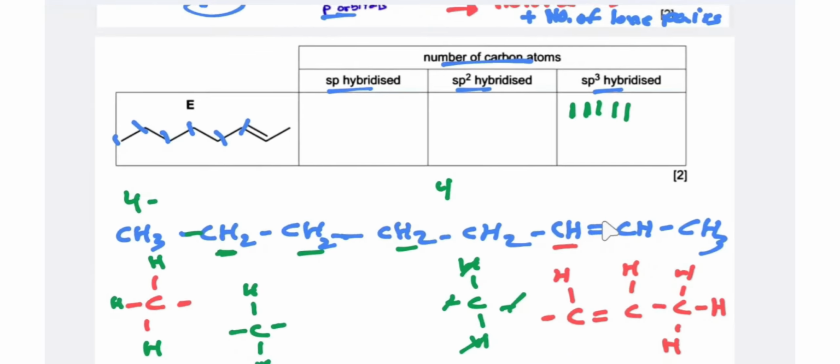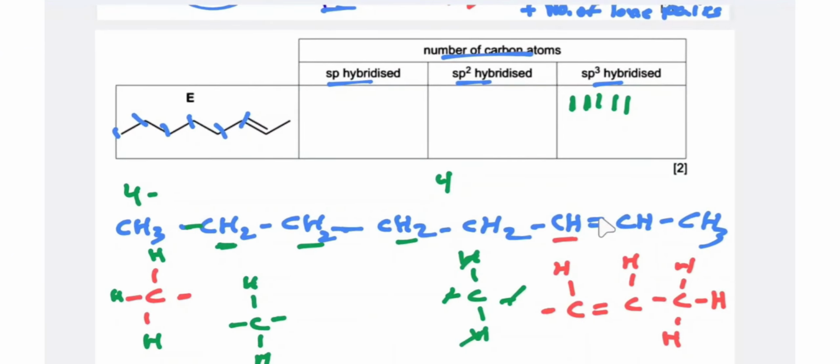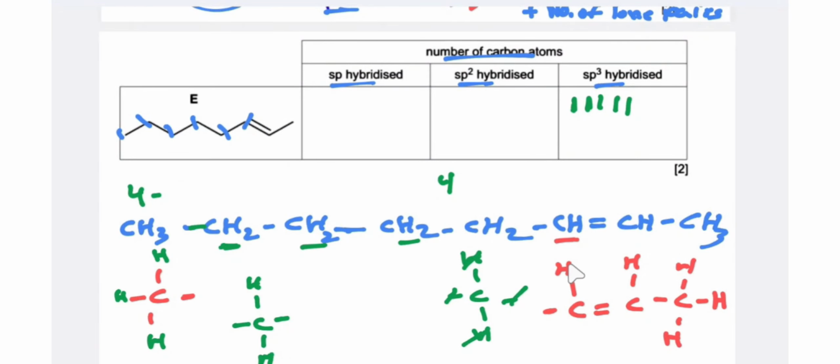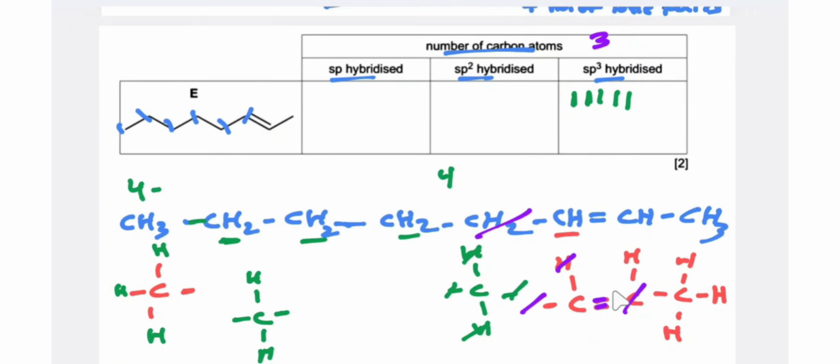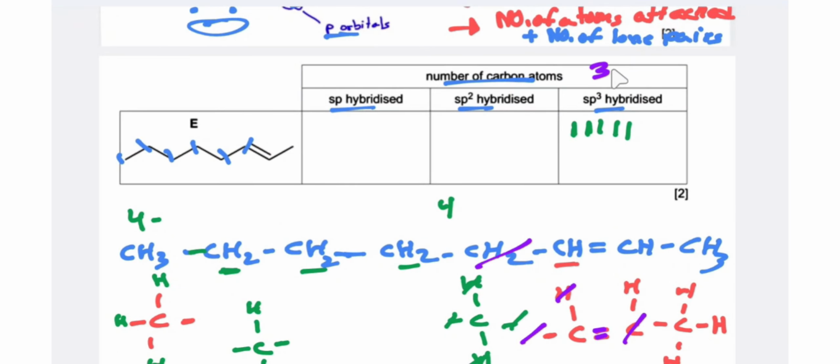So what is the number of atoms attached? 1, 2, and 3. Though there is a double bond, this double bond is attached to only one atom. So 3 atoms are attached and this carbon has no lone pair, which means it is sp2 hybridized.